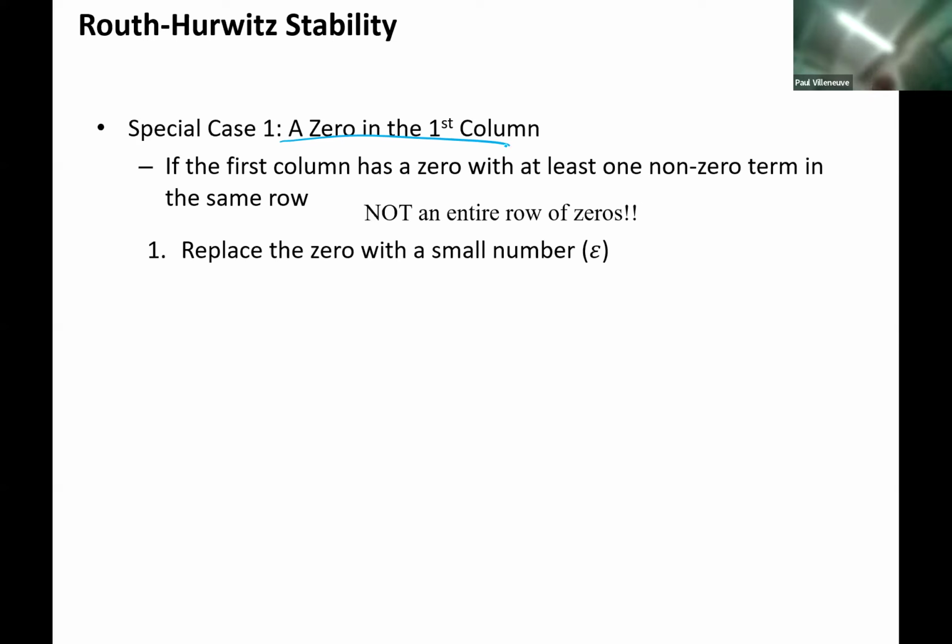We're going to replace that 0 with a very small number. We'll just call it E, the variable E. And then we're still going to do our table with this variable E in here. And at the end, we're going to allow that value of E to approach 0 and see if we get any sign changes.